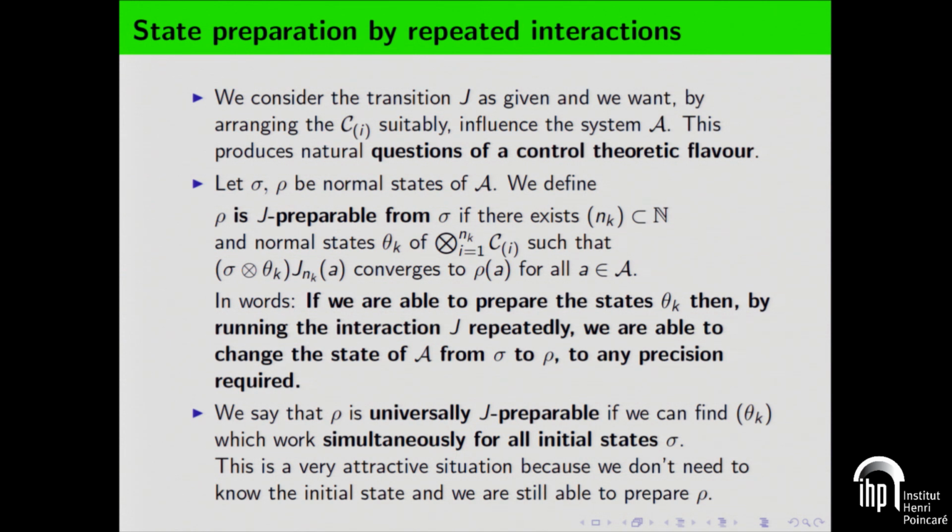It's approximate, but if you do it sufficiently often, then you get as close as you want. That's exactly what an experimentalist wants. I think you can do it with any precision you want. All right, so that's the problem.